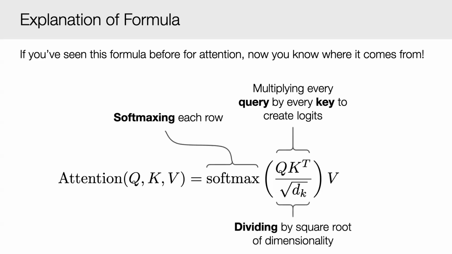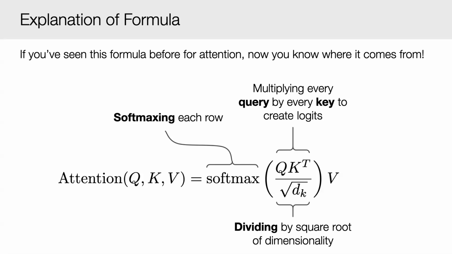We pass that through a softmax to get the probability distributions. And then once we have our probability values, we update by multiplying by the values to create our updated values. So that's all attention is. You can boil it all down to some really elegant mathematical function like this.